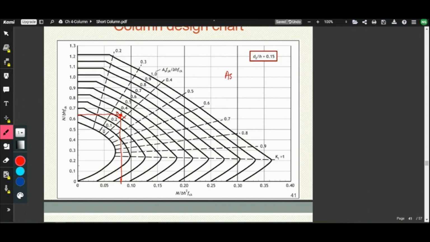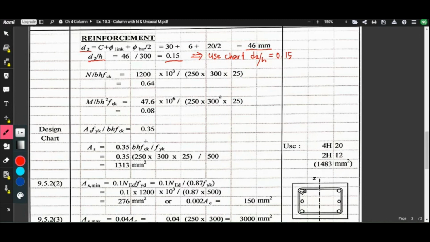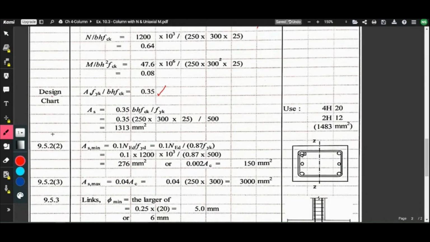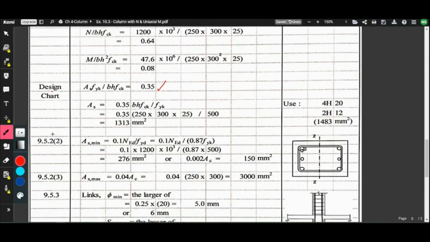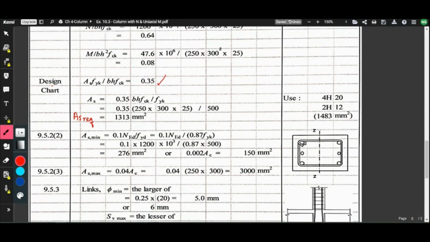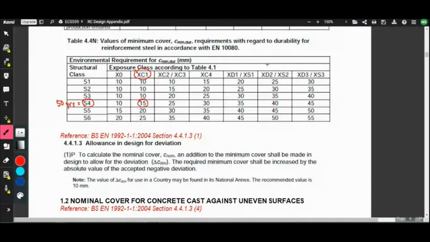So As fyk over b h fck is equal to 0.34. Okay, let's see. It says here 0.35. All right, good enough. So rearrange the formula. We get As required 1313 mm square. You can refer to the design appendix, last page.